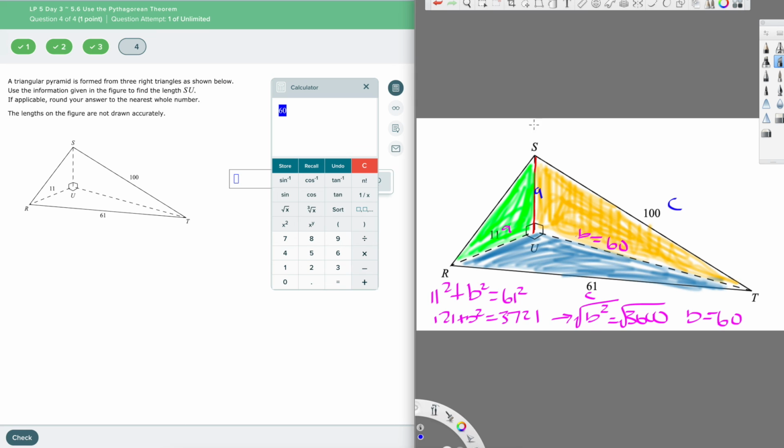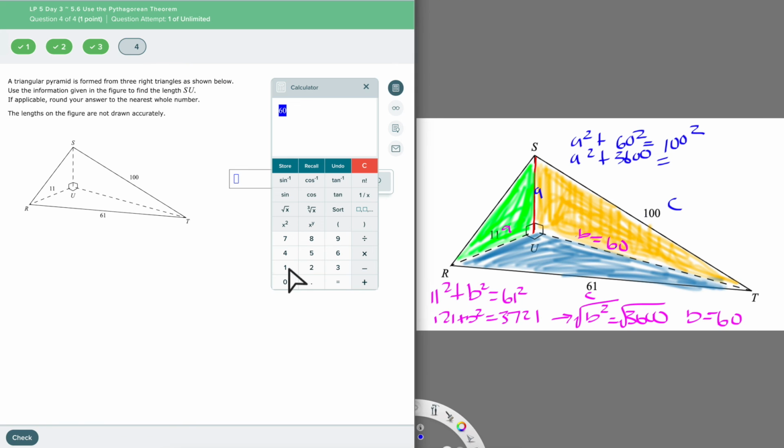Now I can change this up, and now I have a, b, c. So now I have a squared plus b squared equals c squared. a squared plus 3,600, we just did that. I'm just undoing the square root here, going back to 3,600. Then 100 squared. Remember, when you're multiplying tens or hundreds, you're basically counting the zeros and putting them all together.